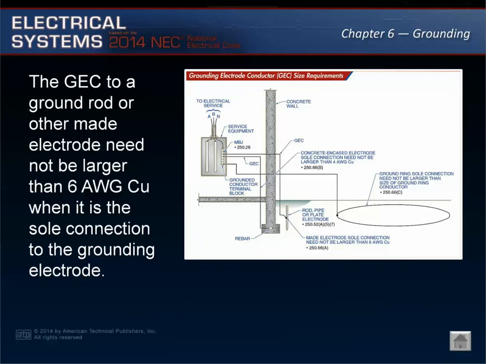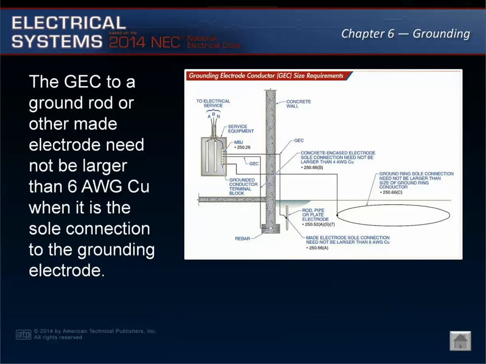The size of the grounding electrode conductor reflects, to some degree, the ability of the grounding electrode to dissipate current flow into the earth. For example, 250.66(A), (B), and (C) permit smaller size grounding electrode conductors for specific types of grounding electrodes. For sole connections to a single or multiple made electrode, 250.66(A) permits the grounding electrode conductor to be a No. 6 copper or No. 4 aluminum.